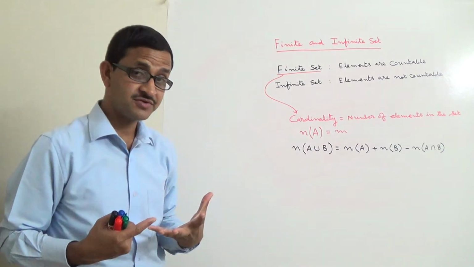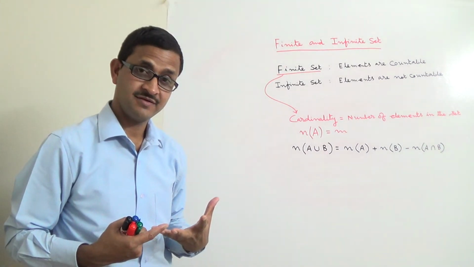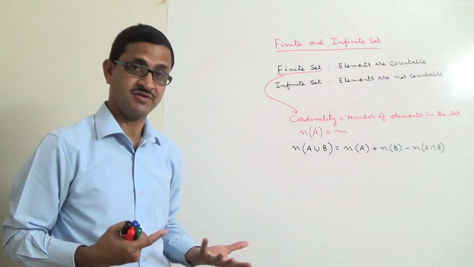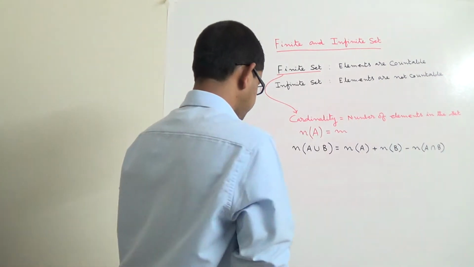Now if I have three sets A, B and C, what is the formula? Here it goes.